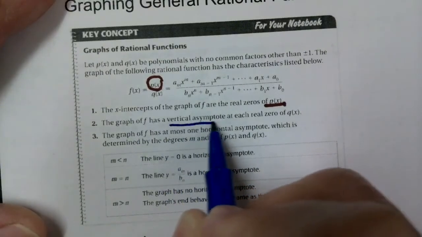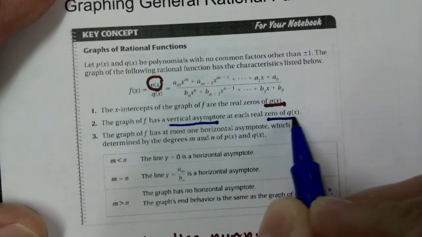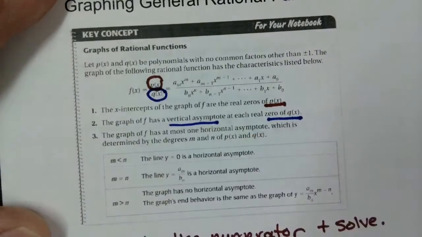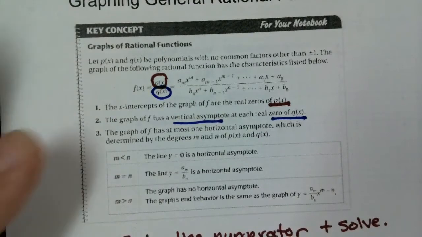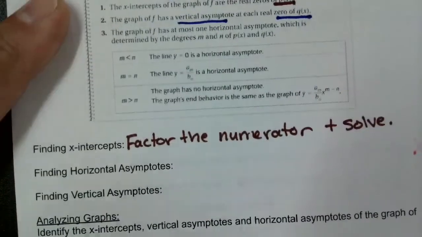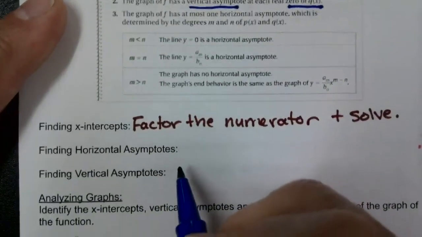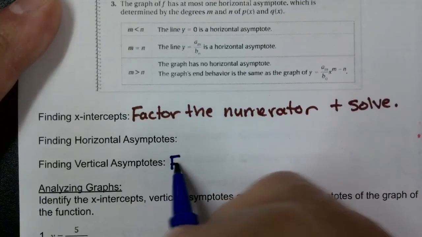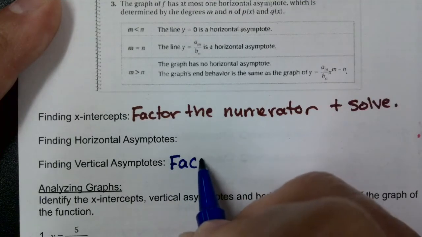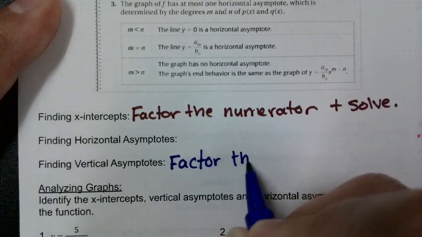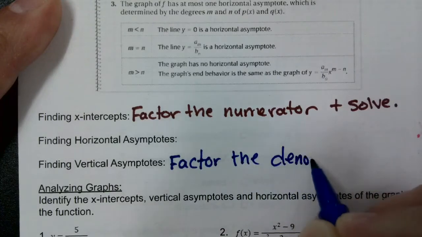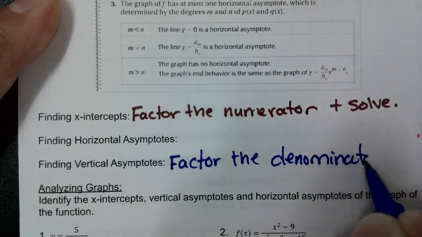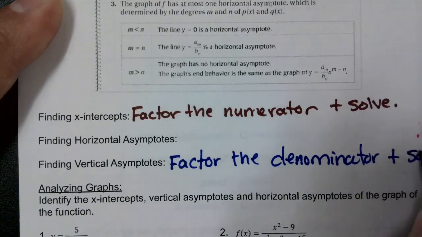The vertical asymptotes we find when we factor the denominator and solve. Q of x is just function notation to represent the denominator. So for the vertical asymptotes, we're looking at the denominator. So factor the denominator and solve.